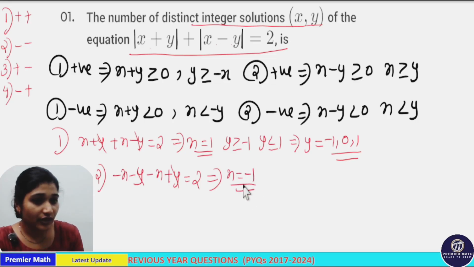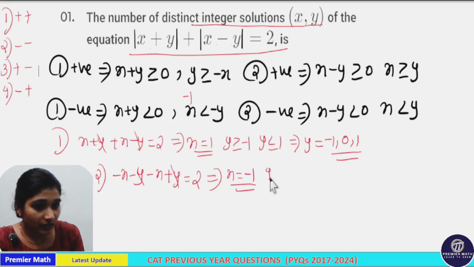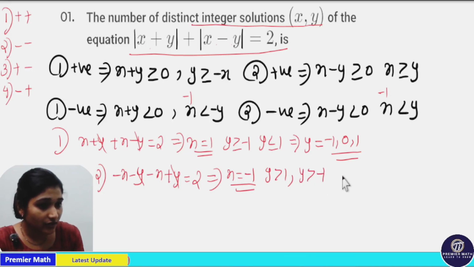So apply the value x = -1 in the both negative condition. So x = -1 means y > 1, and x = -1 means y > -1, which means y should be between -1 and 1. So y can have the value 0 here.